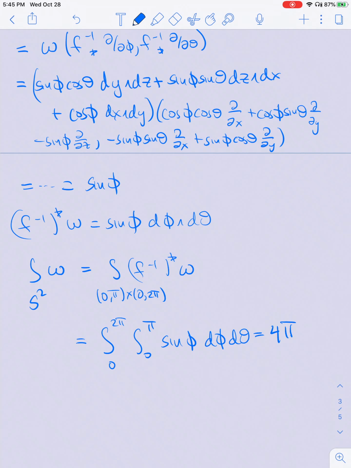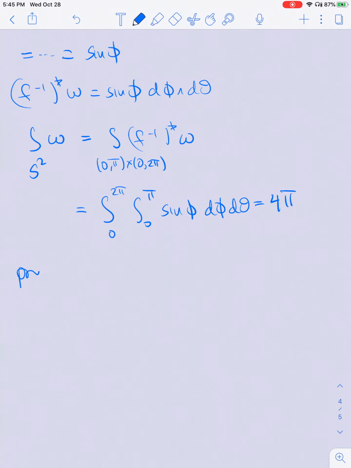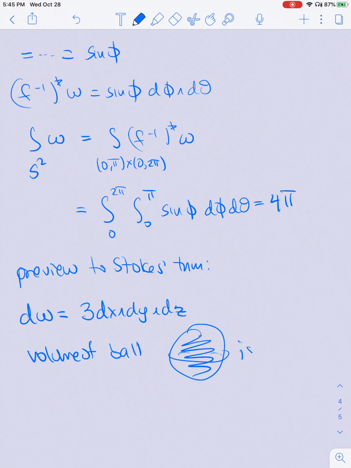So that's our example. One final thing to note as a preview for Stokes' theorem. If I take d omega, I can compute that this is just 3 dx wedge dy wedge dz. And I know that the volume of the ball within the sphere, so this interior part, is 4/3 pi, because it's always 4/3 pi r cubed, but r here is 1.